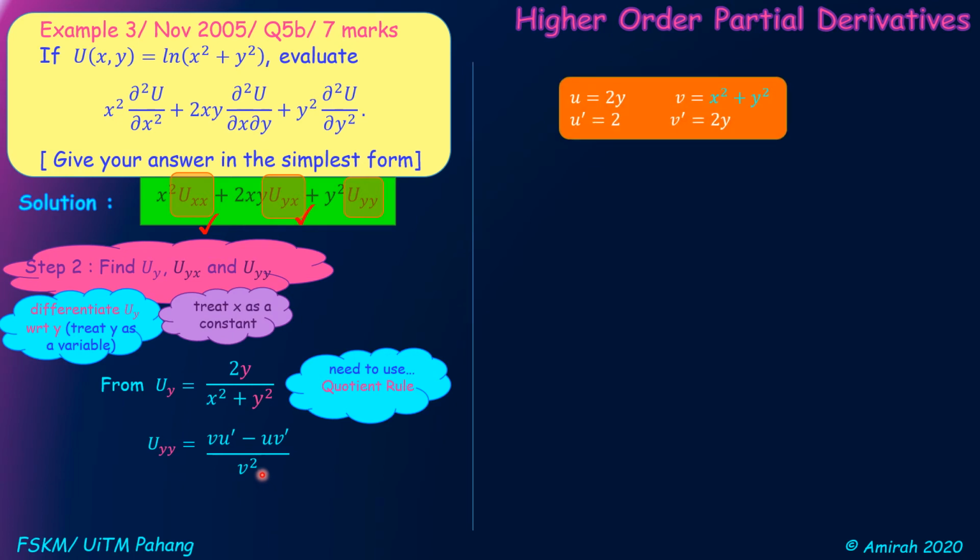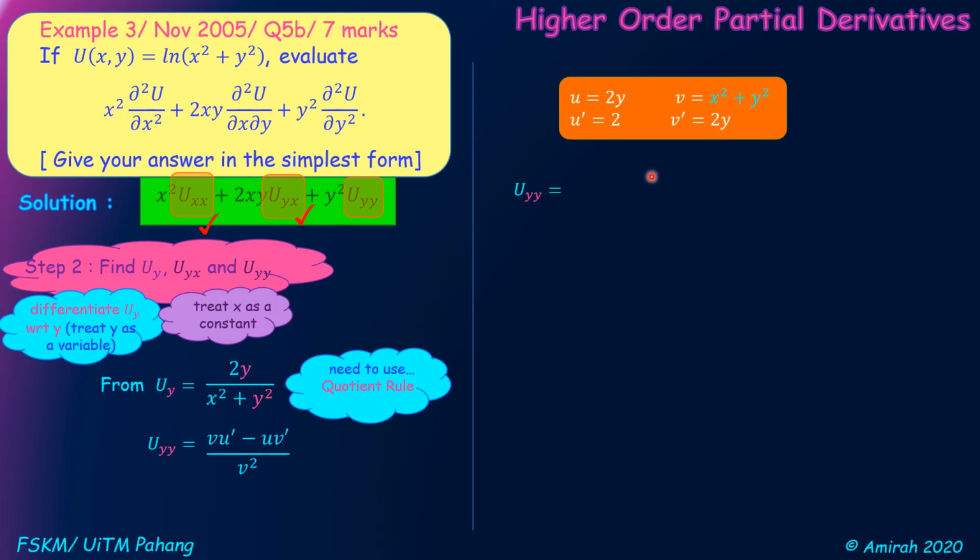Here, u equals the numerator 2y, and v equals the denominator x squared plus y squared. Then we differentiate with respect to y. We differentiate 2y with respect to y, and we get 2. And then we differentiate x squared plus y squared with respect to y. So we get 2y, because when we differentiate x squared, x is treated as a constant, so it becomes 0. No need to write it. 0 plus 2y.